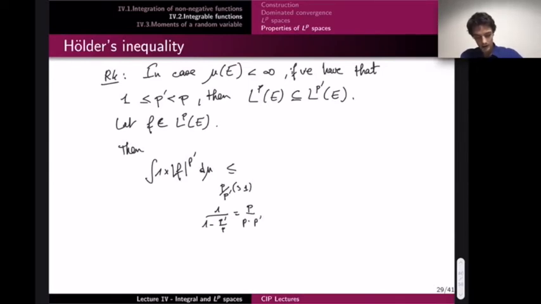Yes. Okay. So this is less than the integral of 1 to the power p over p minus p prime d mu. So this is actually the p over p minus p prime norm of 1.